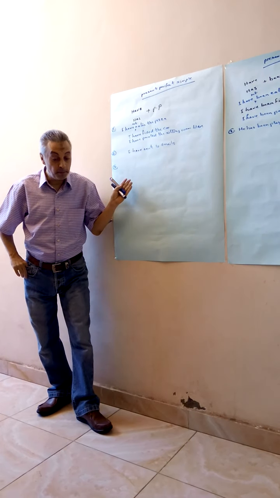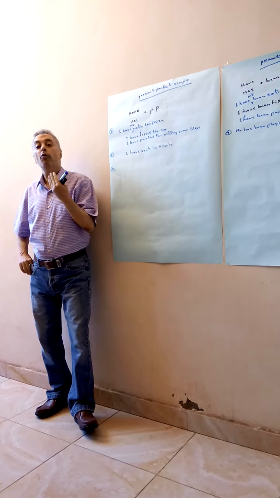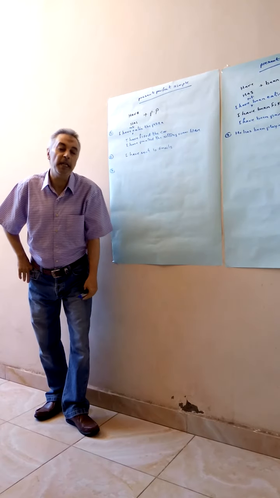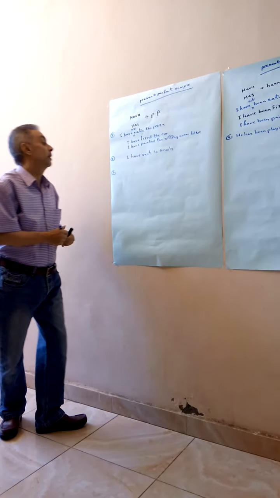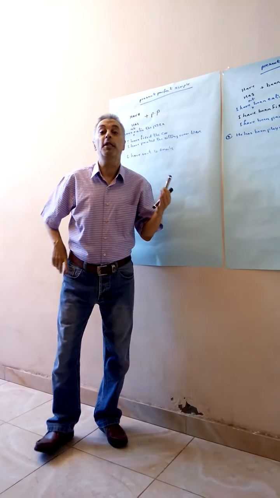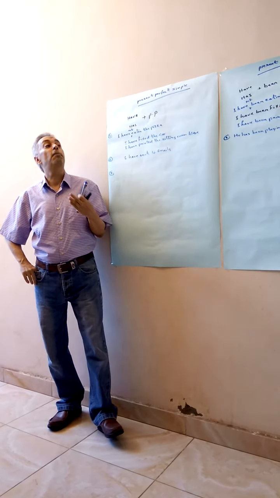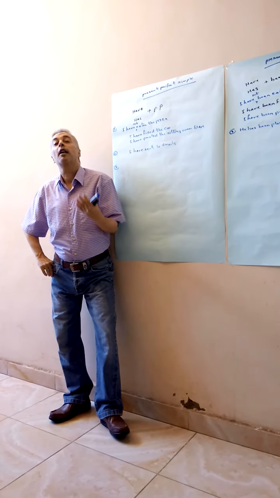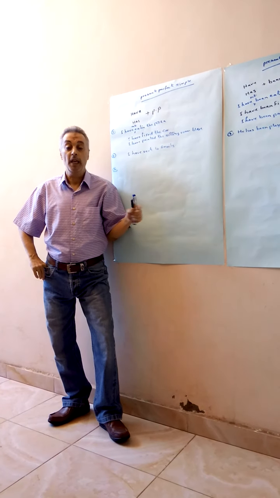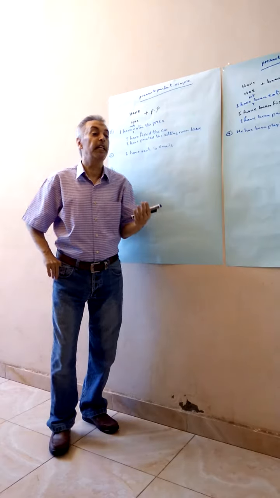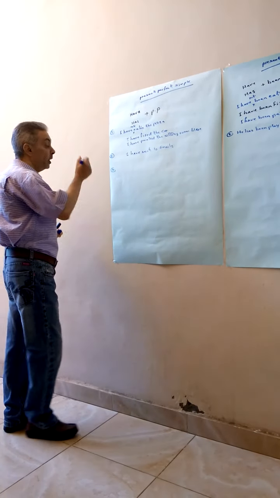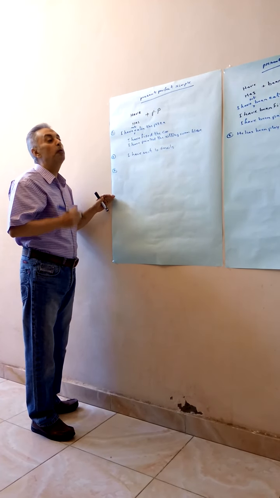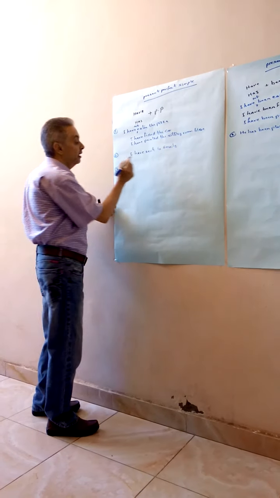Whereas we use the present perfect progressive or the present perfect continuous when we want to emphasize that something is happening over a period of time.